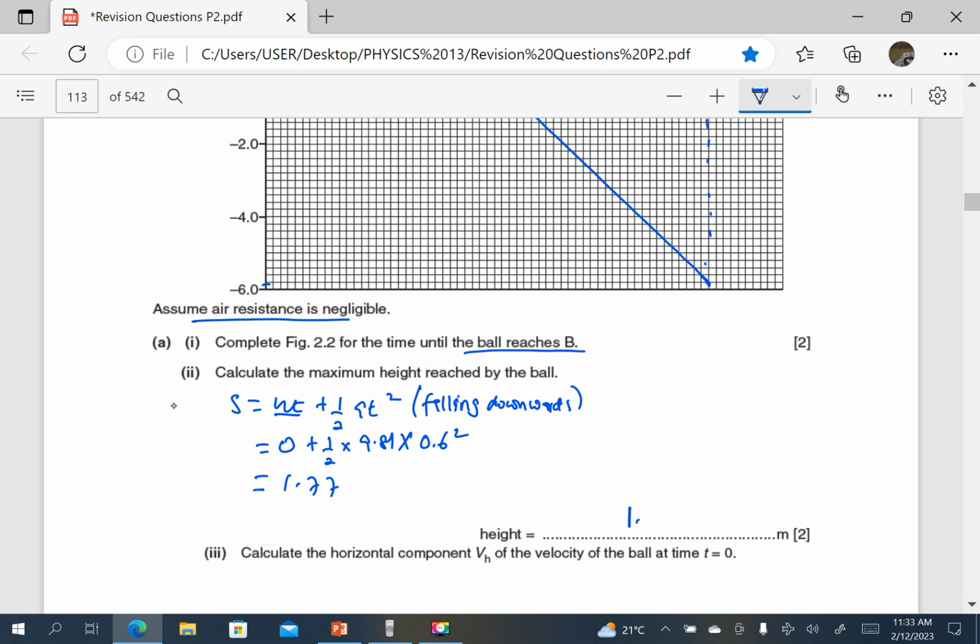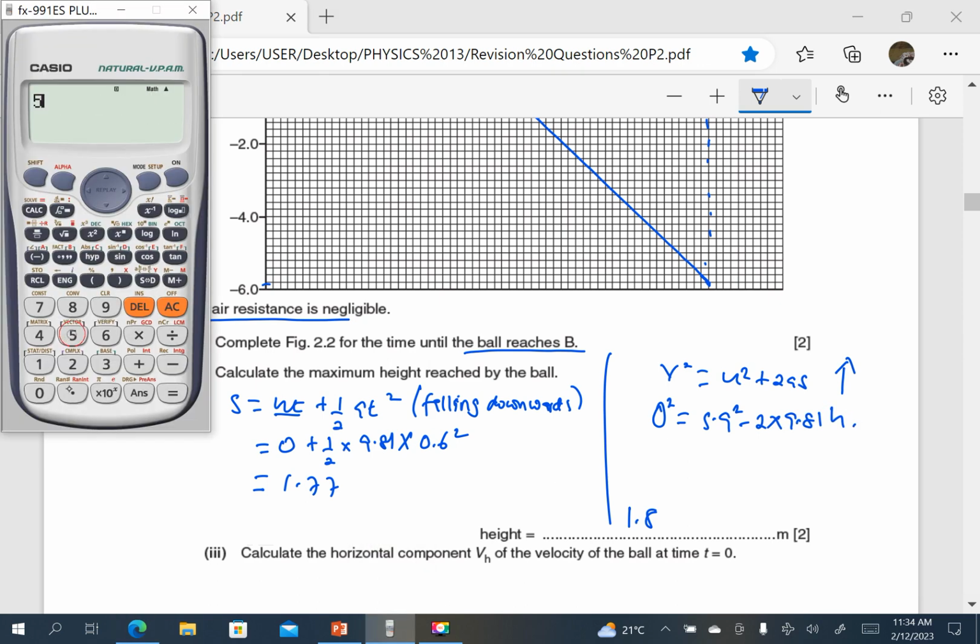or approximately 1.8. Alternatively, somebody may want to use v squared equals u squared plus 2as, and we want s. At max here, now I'm considering it going upwards. At maximum height, v is 0, so 0 squared is equal to the initial velocity vertically upwards, 5.9 from the graph, minus, because now I'm considering it moving upwards, 2 times 9.81 times h.